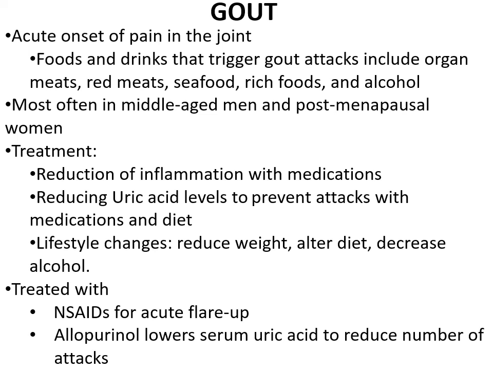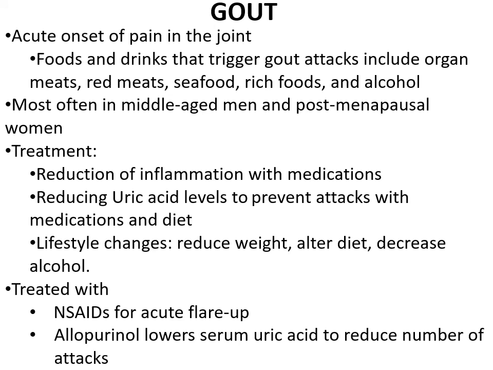So how do we treat gout? Well, for the acute flare-up, we use anti-inflammatories, such as ibuprofen and an assortment of other ones. Okay, and that usually really settles down the gout attack.